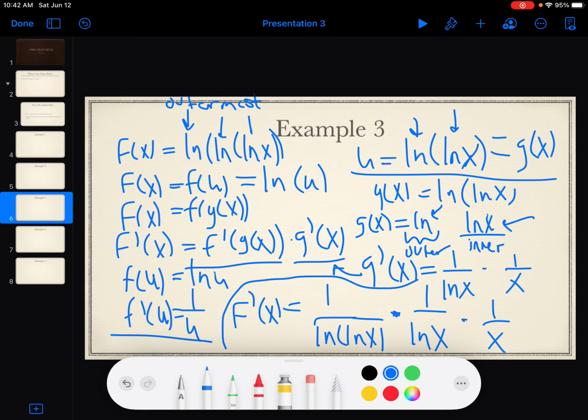This is the derivative. So you must realize that you're going from outside in, and that's exactly what we did here. We substituted, and if I went on and did another substitution, it gets too messy and too cluttered. So you really got to make this connection quickly that you're going from outside in. Sometimes you have to get used to skipping a few steps and just going ahead with it.